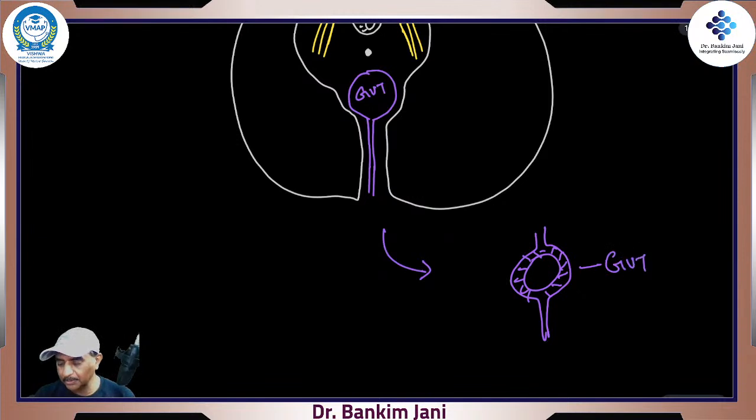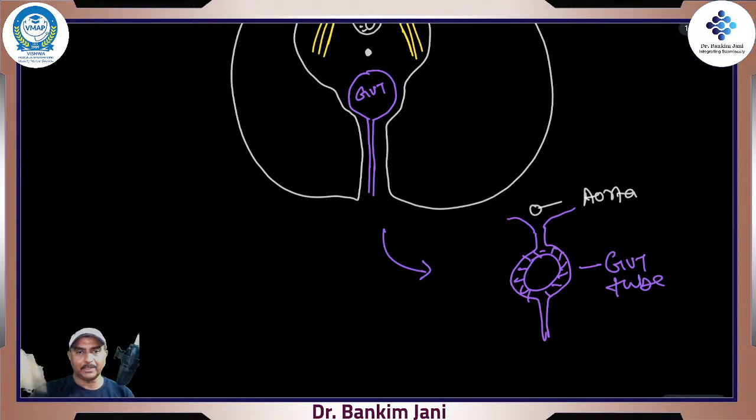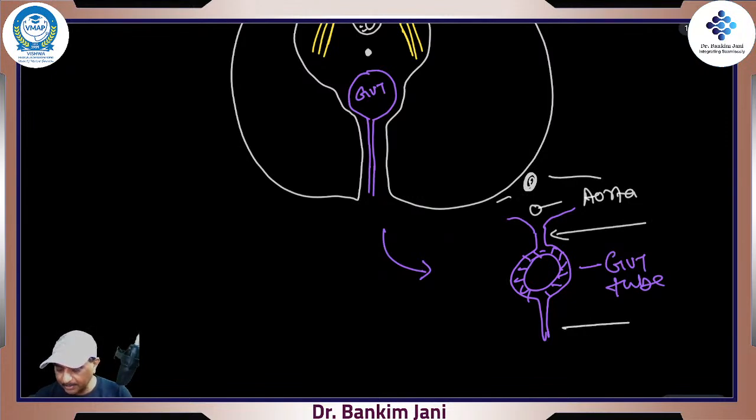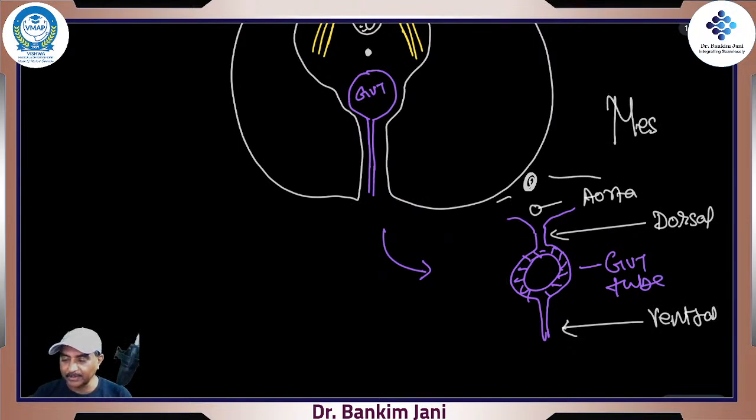That's the gut tube. So where are the rest of the structures? Well, that is after the mesentery. After the mesentery, there would be the aorta over here. And after the aorta, there would be the neural tube and dermatomes and all those structures. This is the posterior portion, so this is dorsal and this one is ventral. They are called the mesentery.